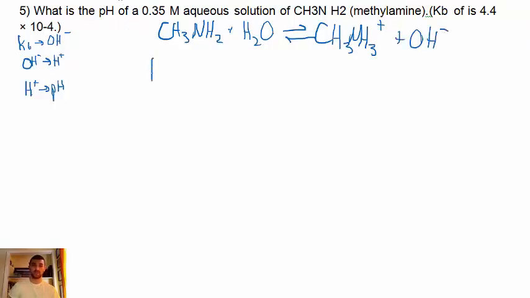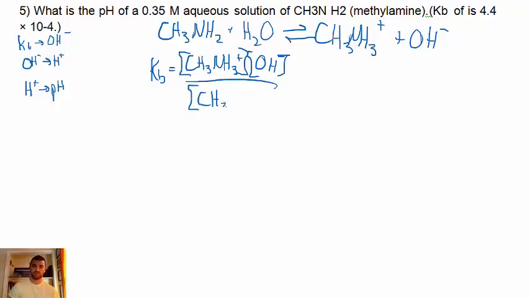So I know my Kb expression is going to be the concentration of CH3NH3 plus times the OH minus concentration, all over the concentration of CH3NH2.